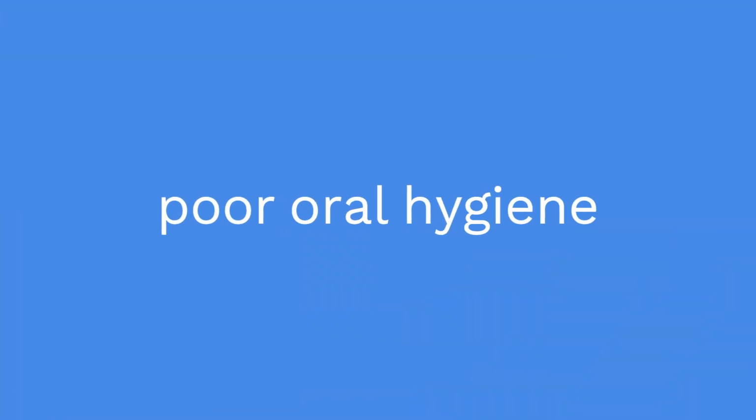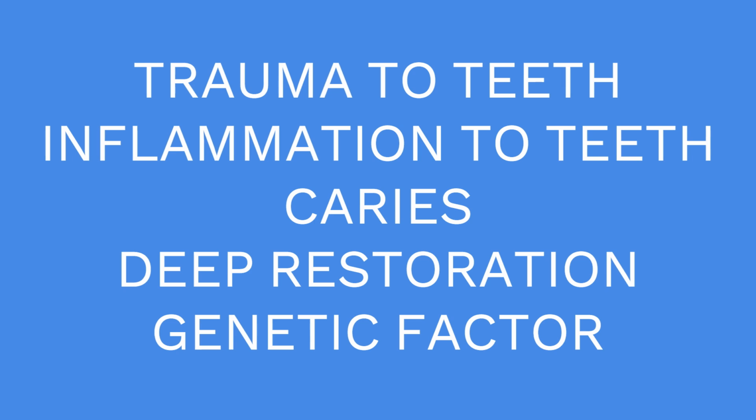So why do pulp stones form in the first place? Well, it could be due to a variety of factors such as poor oral hygiene, trauma to teeth, or genetic factors. So what about poor oral hygiene? If you don't brush and floss regularly, bacteria can accumulate in your teeth and may cause infection and caries that can lead to pulp stone.